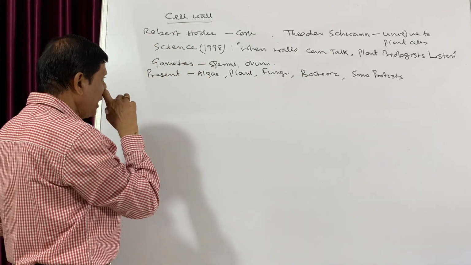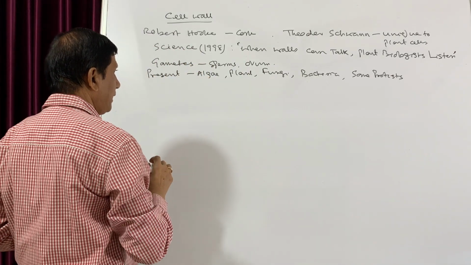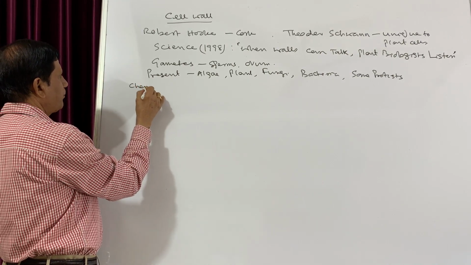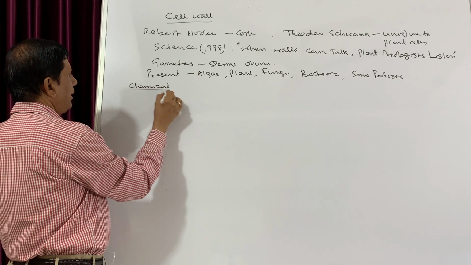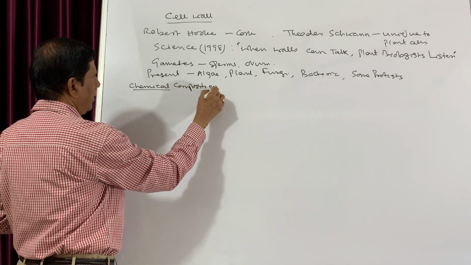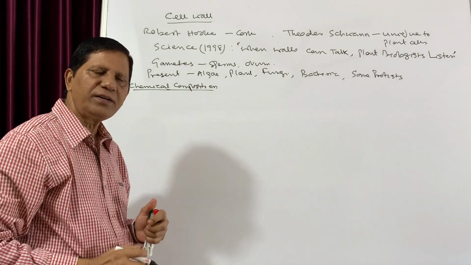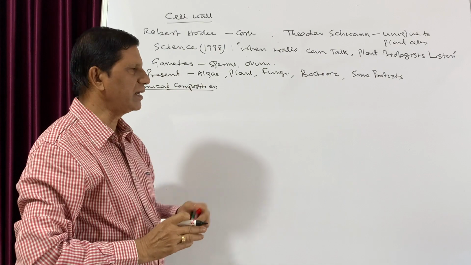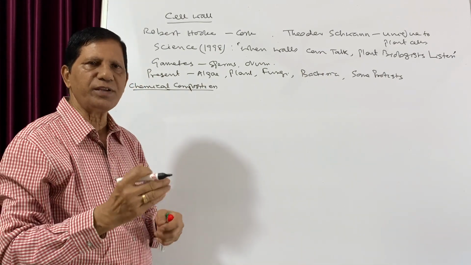Now, what are the different chemical compositions of the cell wall? We will find that the chemical composition of algae, plant, fungi, and bacteria slightly differ from each other.